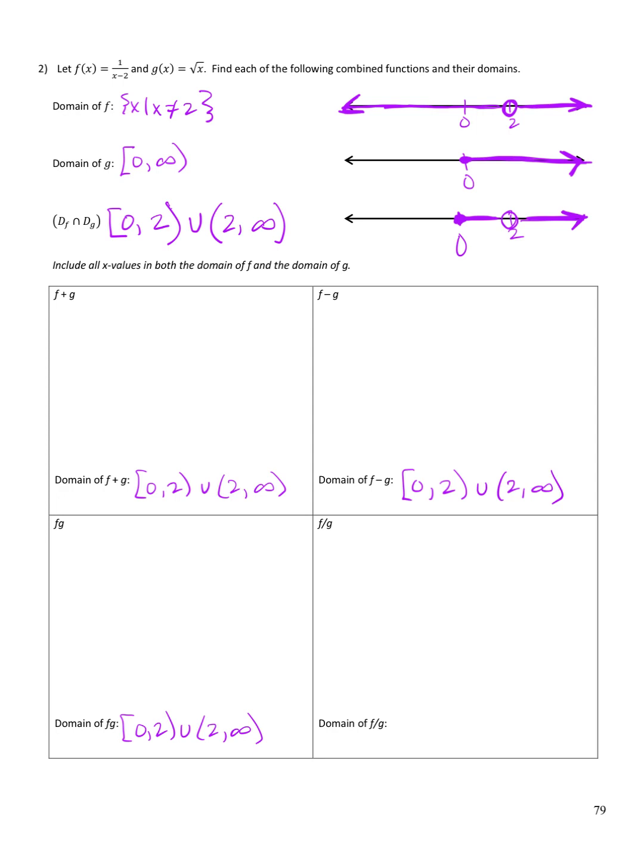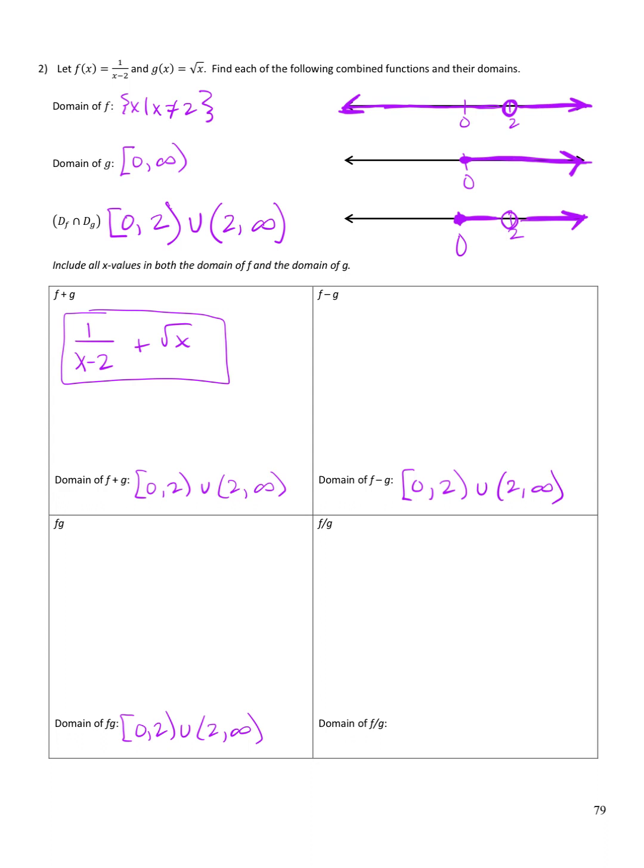So adding, subtracting, multiplying, and dividing functions, f plus g, we're just going to replace f with its formula and g with its formula, and we get 1 over x minus 2 plus the square root of x. And I'm not going to bother simplifying that. I'd have to get a common denominator, and it actually wouldn't look any simpler than it does now.